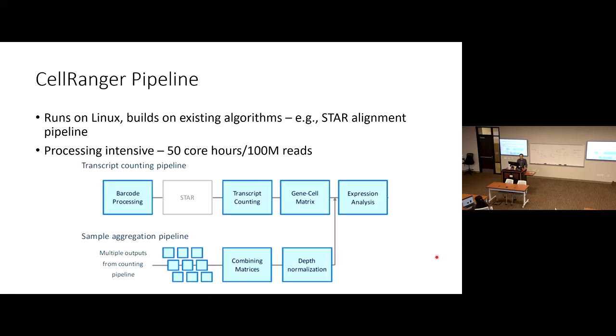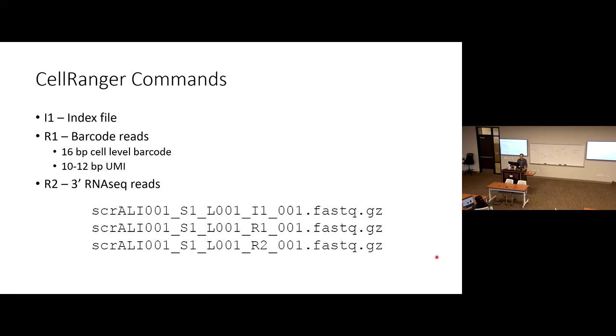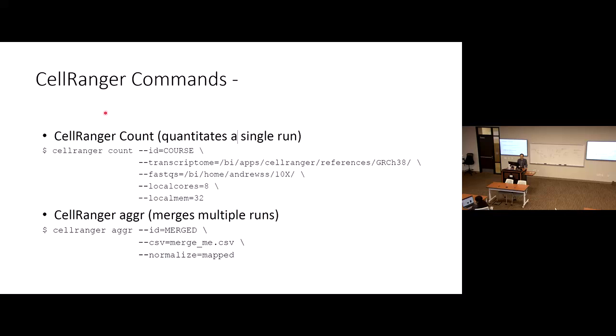So the pipeline is something like this. This is the R1, R2 code sequence, the FASTQ from the sequencer, and this is the command line. If you don't use the 10x Genomics cloud service, you have to install Cell Ranger on your Linux machine and run the count command and provide the reference.